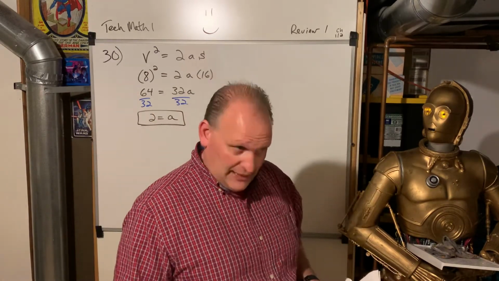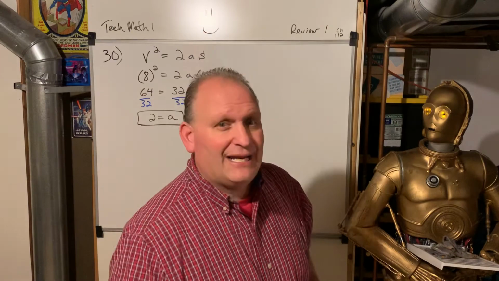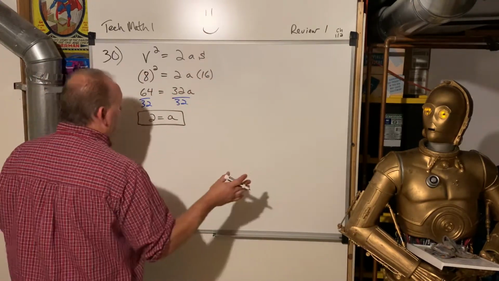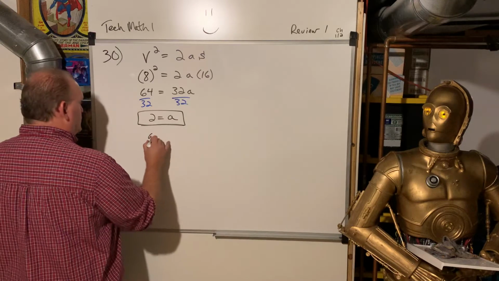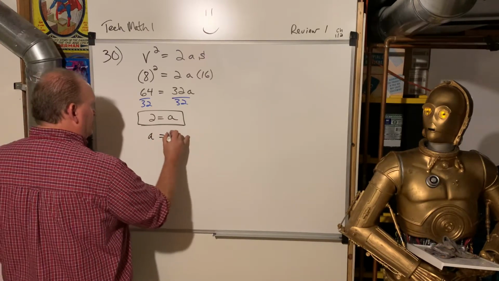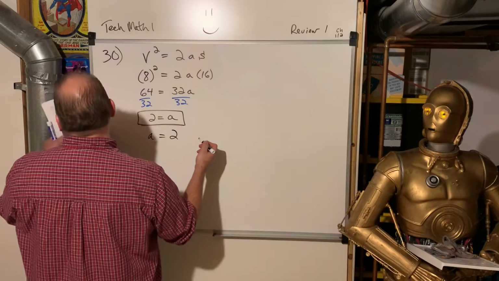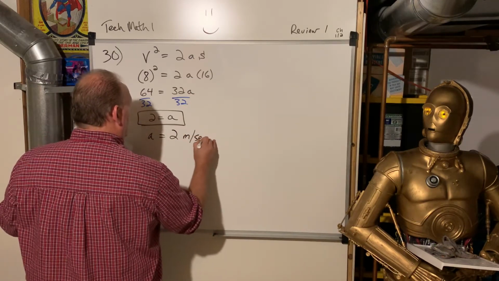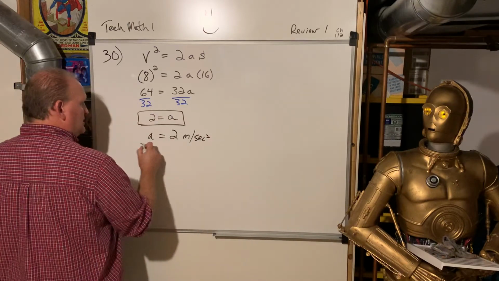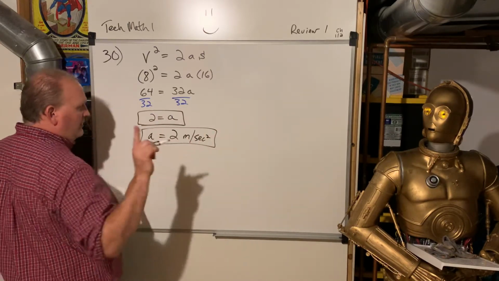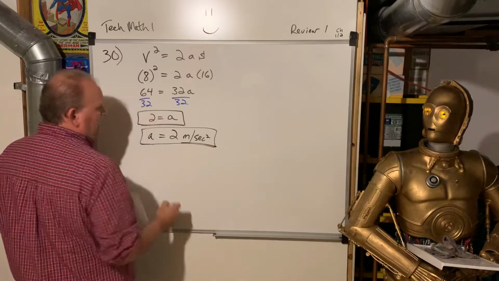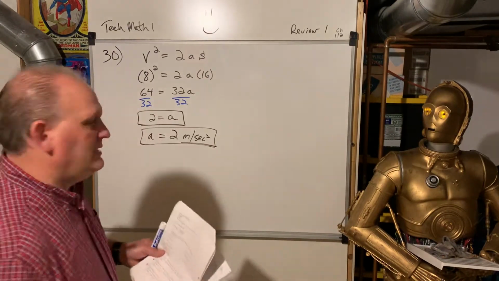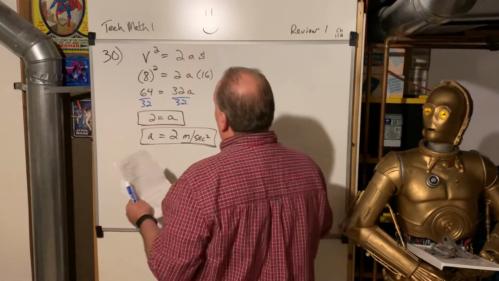Physics also worries about labels. I will not take off points if you forget to label. This was in meters per second squared, because it's acceleration. On the homework they already have the label on it, and on the test I'll already have the label on it, so you just have to provide me the correct number.